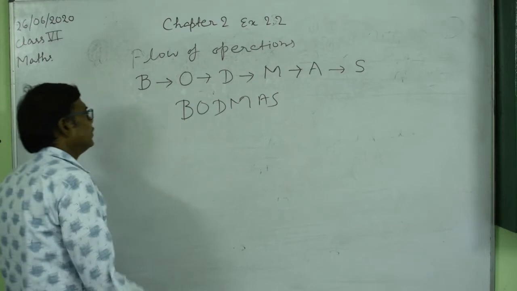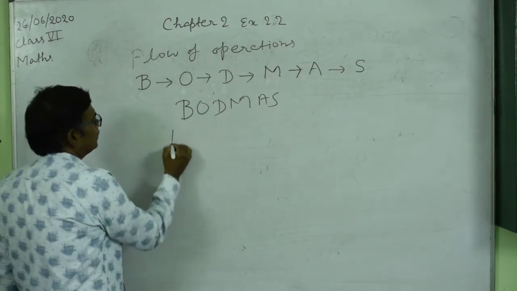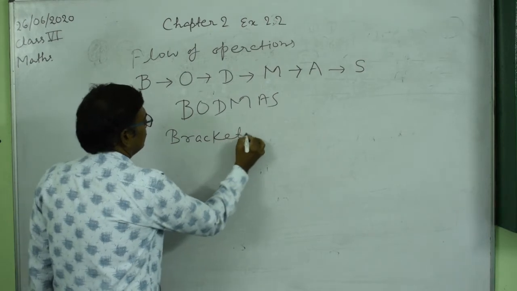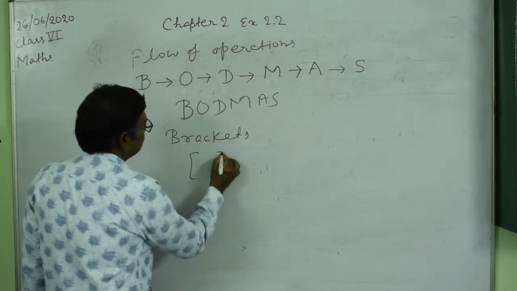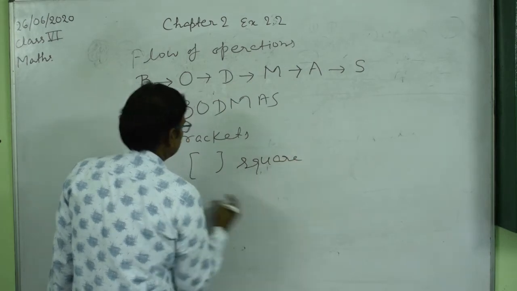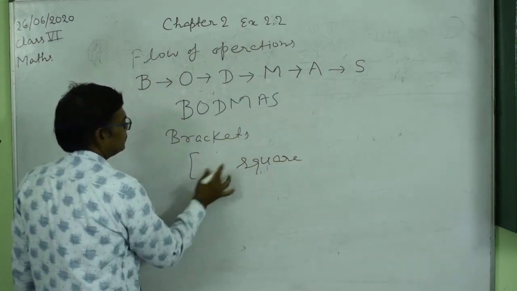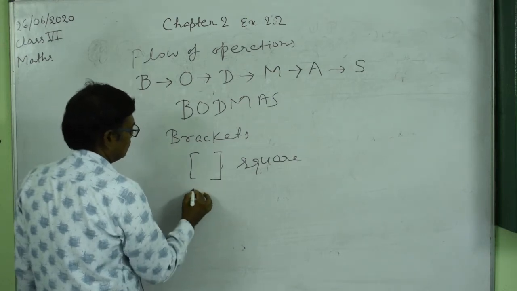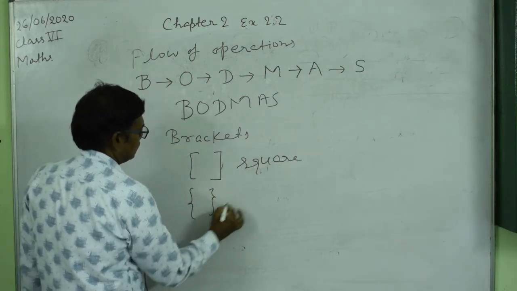In this rule you have the brackets. There are three types of brackets here. This is called the square bracket. Next is the curly bracket.